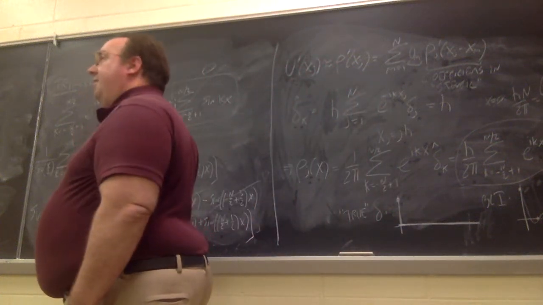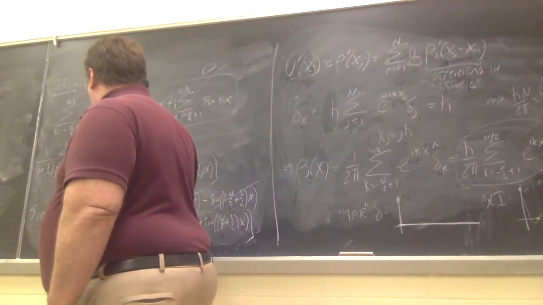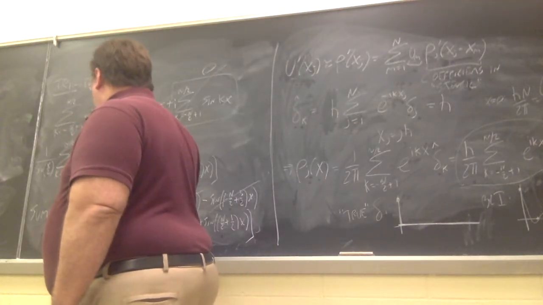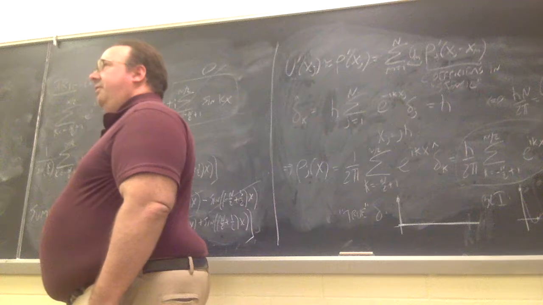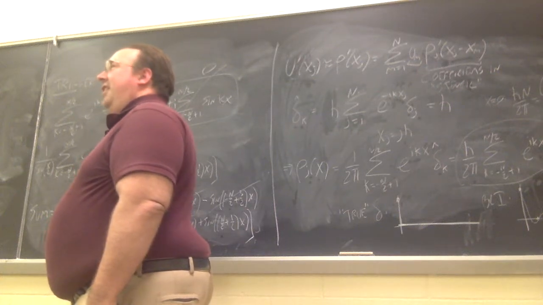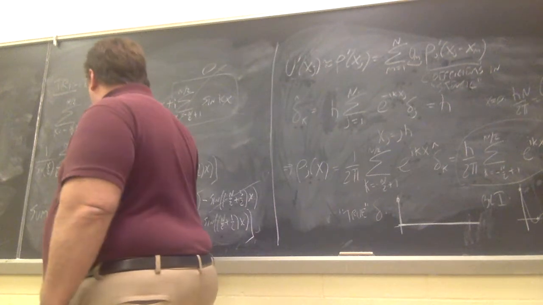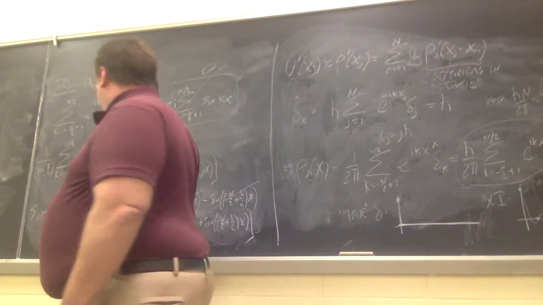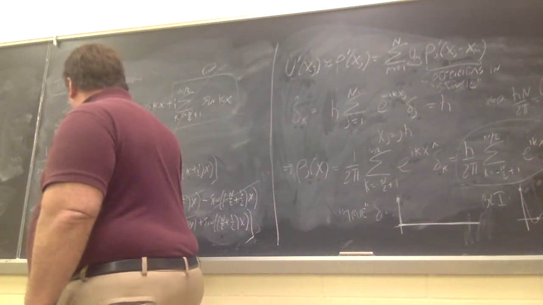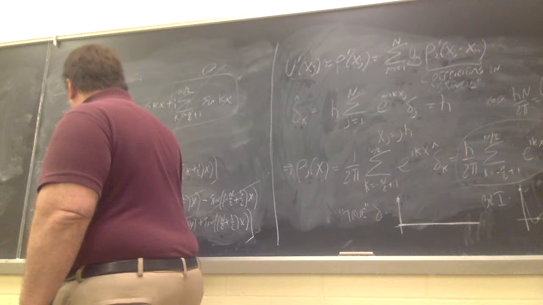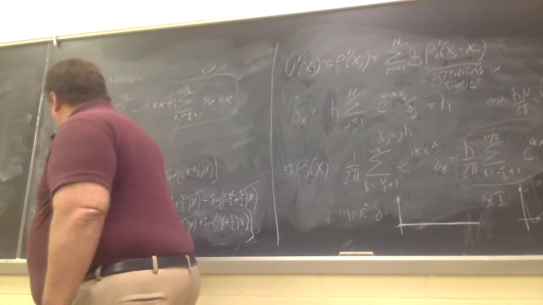Sine is an odd function. So if I change the sign of the argument, it changes the sign of the value. So negating this negates this. So what I can do is change these signs and put a plus out there.